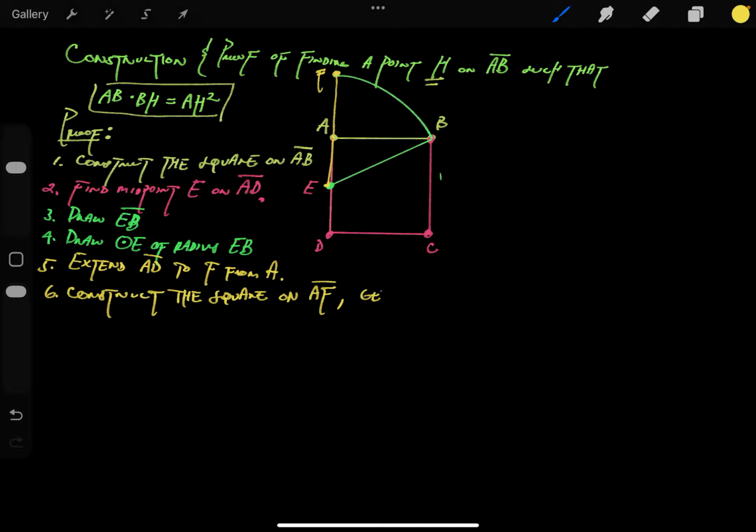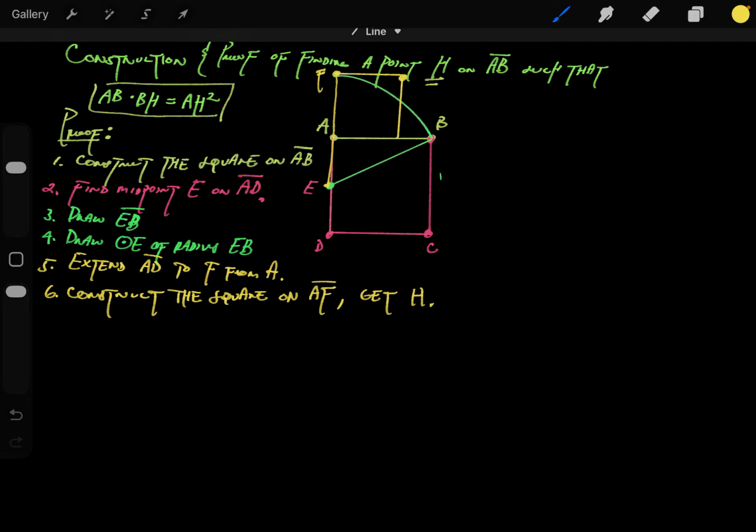Get H. So the square on AF, if I do this right, I'm gonna draw a line going here, which is the same length as AF because I want a square, but you'd have to do the steps in constructing the square. And then you'd get H right here.